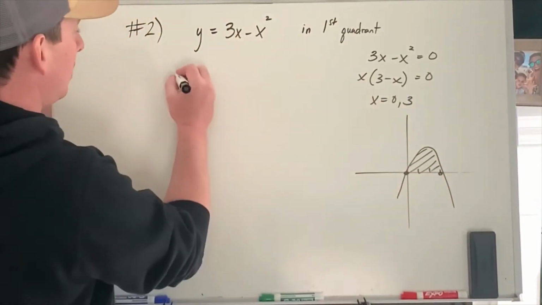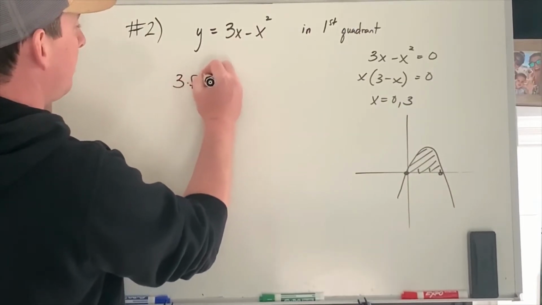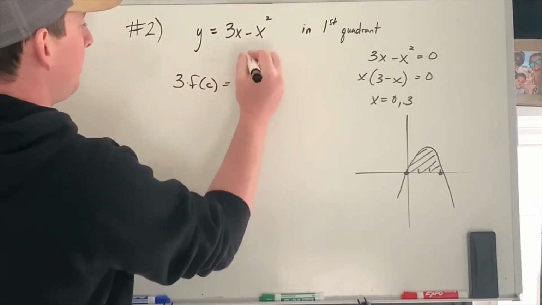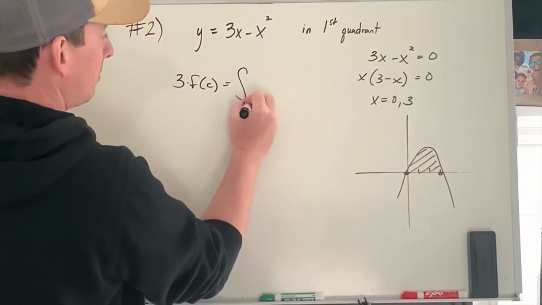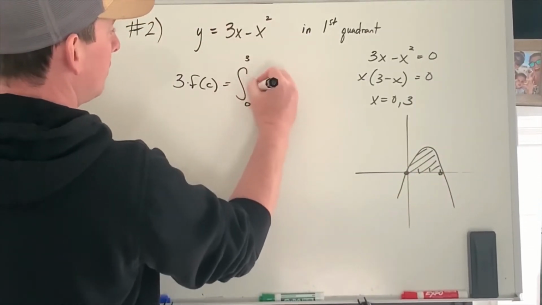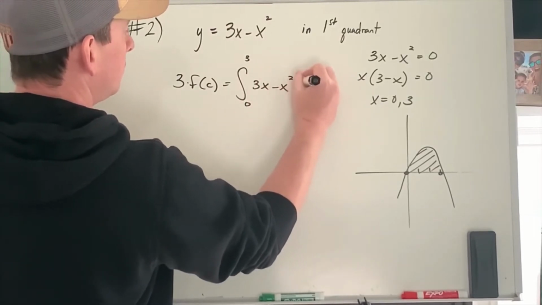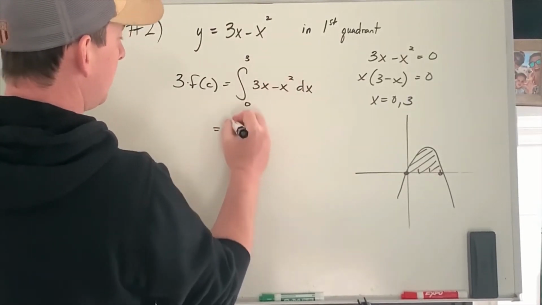That means we have a rectangle that's 3 units wide, f of c units high, and the area of that rectangle should be equivalent to the area under this curve, from 0 to 3. This is easy enough to integrate.